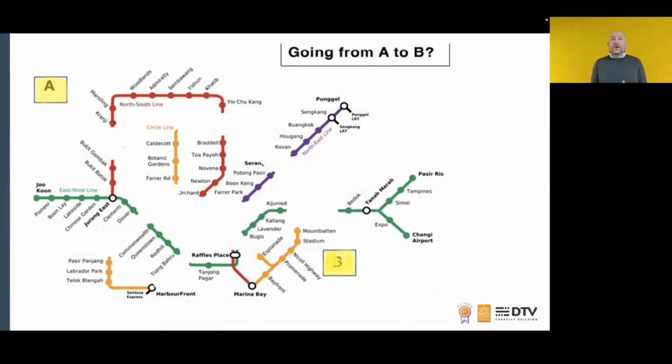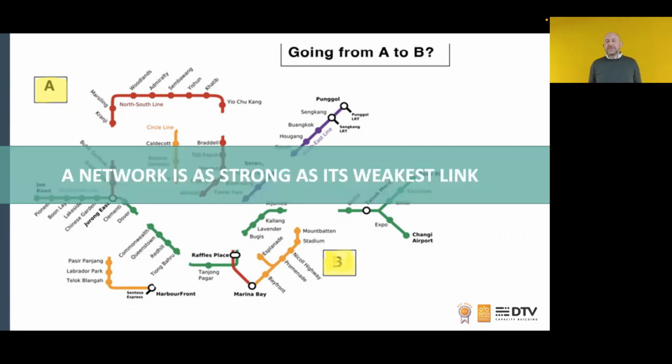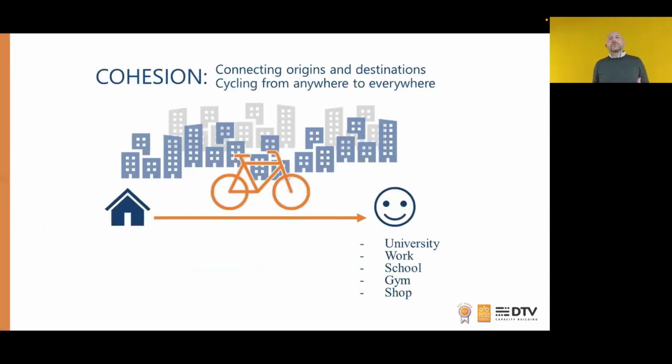When we want to go from A to B, we want to be able to actually reach our destination, our B. So if you have a lot of missing links, this is not possible. A network is as strong as its weakest link. And this is really what the first principle, cohesion, is about. We really want to connect origins and destinations and to enable cycle trips from anywhere to everywhere.